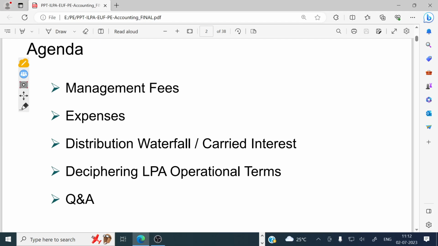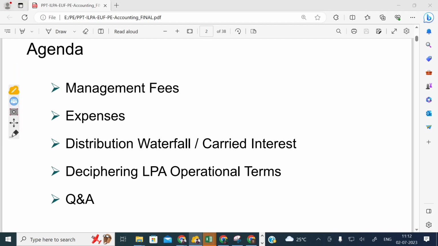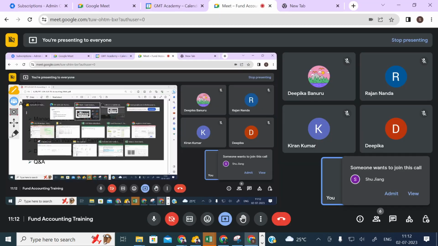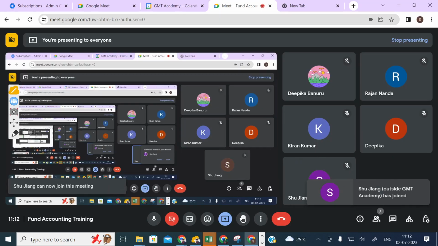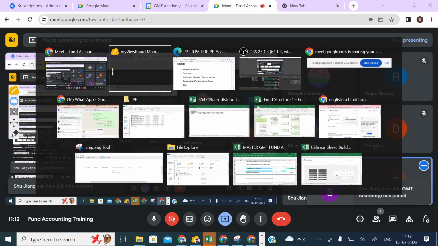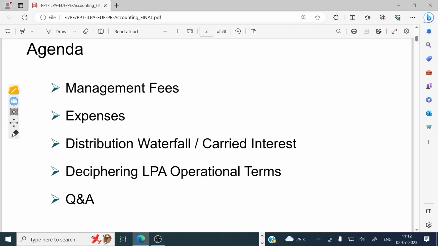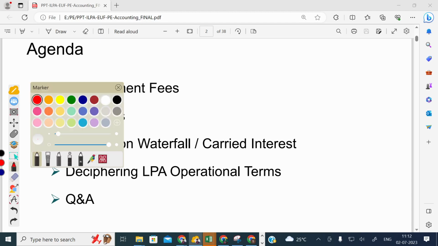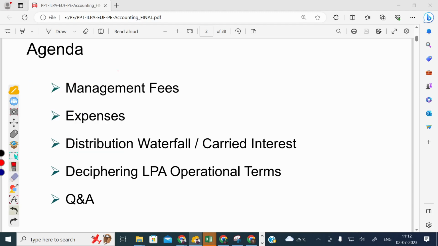So your salary, including office rent and everything, all these expenses depend on the management fees, right?